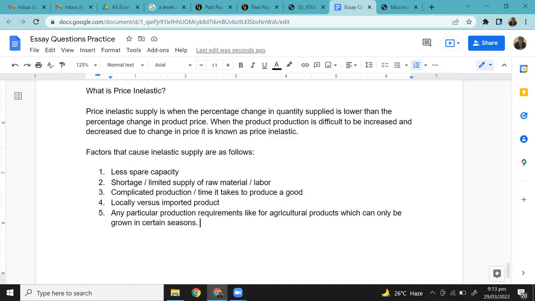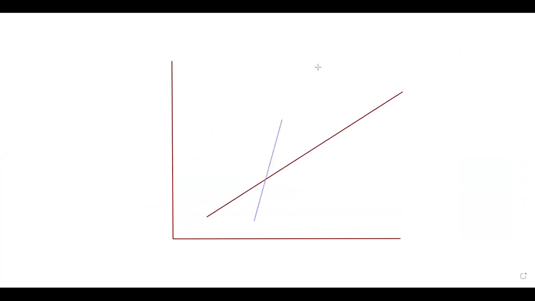Inelastic supply, if I have to quickly show you with the help of a graph. If you remember, if I draw two supply curves, and I ask you which of the two is more elastic and which is less elastic, just by looking at the shape of it, you can tell. Now, look at these two supply curves.